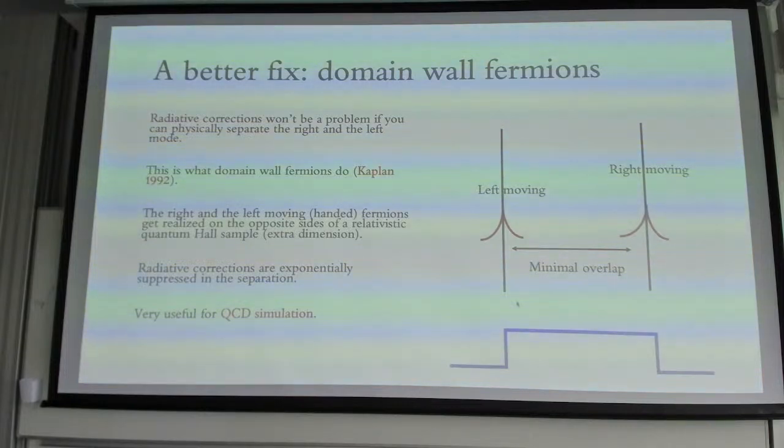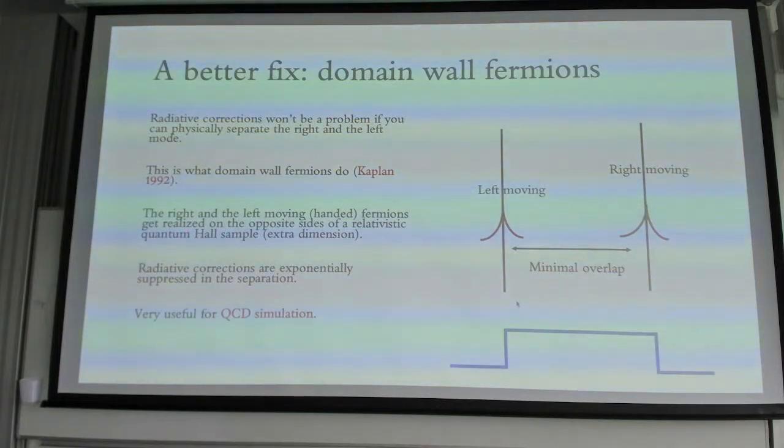And if you are able to separate right chirality fermions from left chirality fermions, then radiative corrections are not a problem because you have physically separated the two modes, and the radiative corrections are exponentially suppressed, right? Because the wave functions of the fermions overlap minimally in this case.